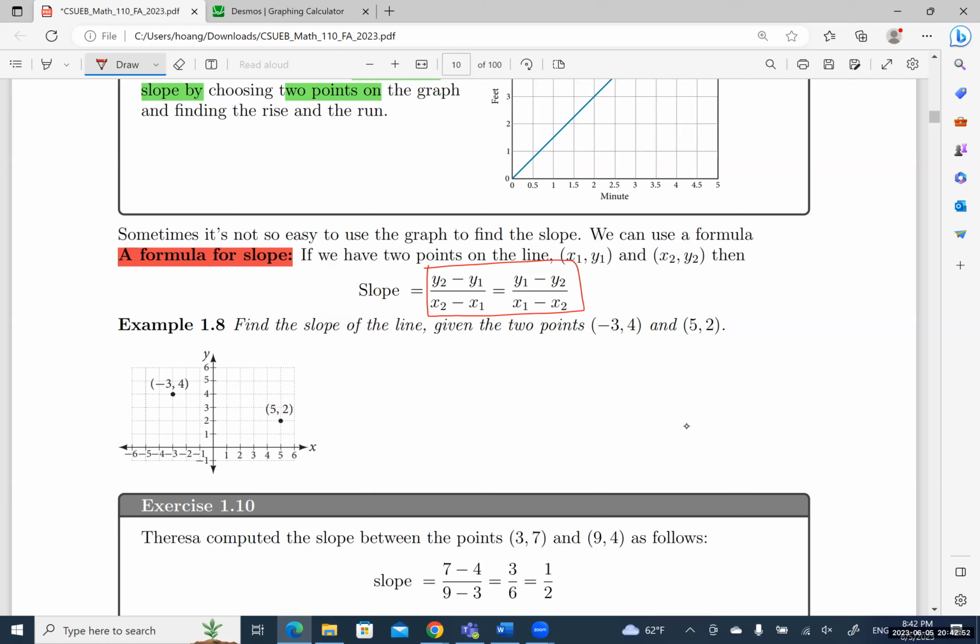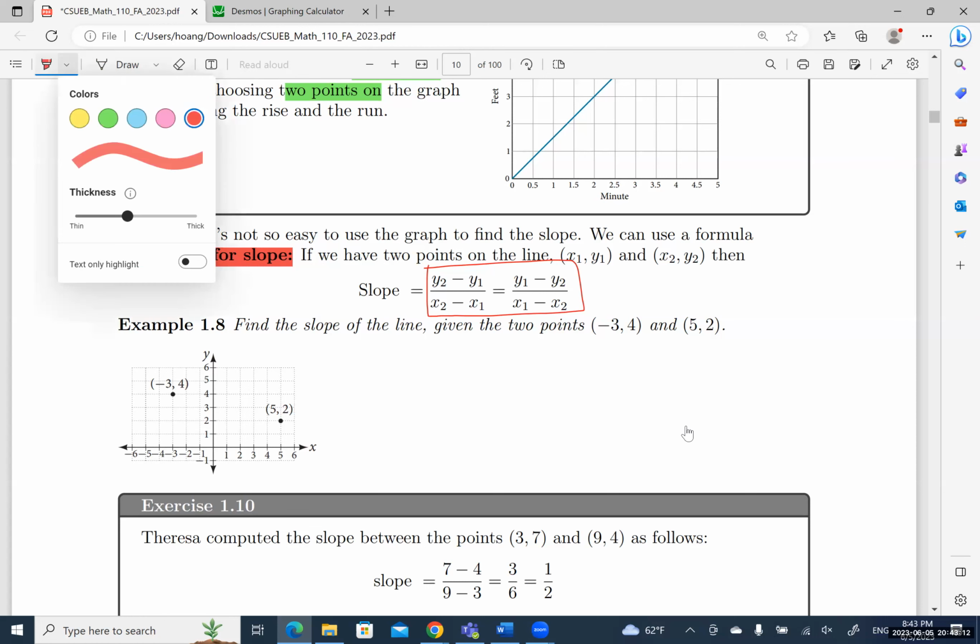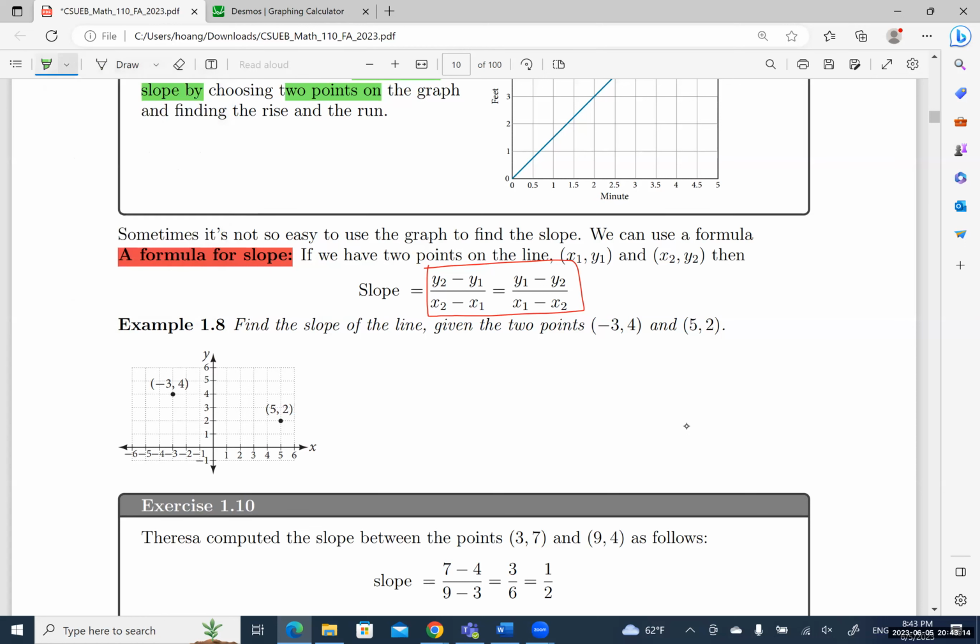Basically, you must make the orders correspond. So if you consider a line with 2 points, the first point has coordinates x1, y1, and the second one has coordinates x2, y2, then you're going to have the slope as the formula below here.